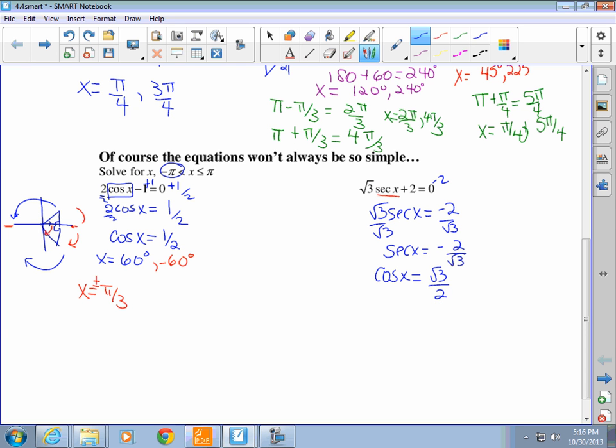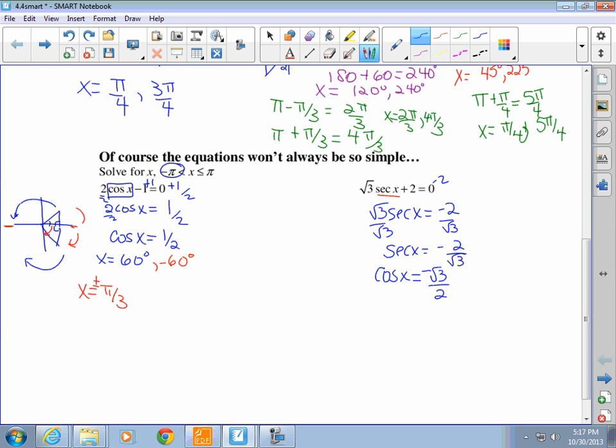Now I have to keep in mind, where am I going to put that negative sign? Cos is adjacent over hypotenuse. I know my hypotenuse can't be negative, so my negative will go with that square root 3. So I take a look at the 30, 60, 90 triangle, and I have to decide which one has the adjacent side of square root 3 and a hypotenuse of 2.